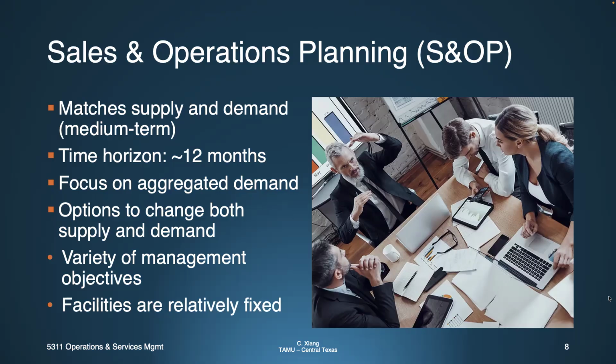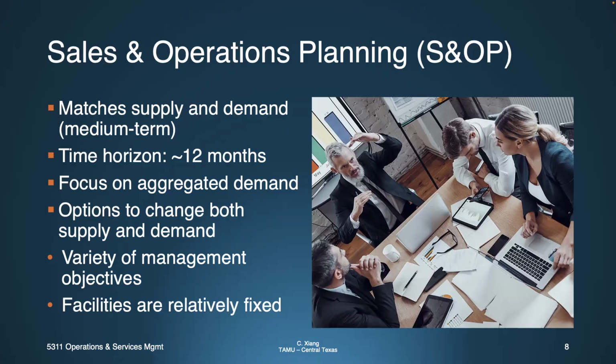Okay. On the supply side, the focus is on major resources such as workforce, materials, and working capital. The goal is to adjust both supply and demand so that they align, they match. If supply is insufficient, we look for ways to increase capacity or find alternative resources.